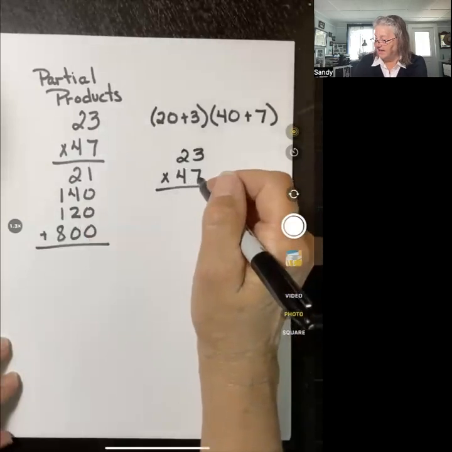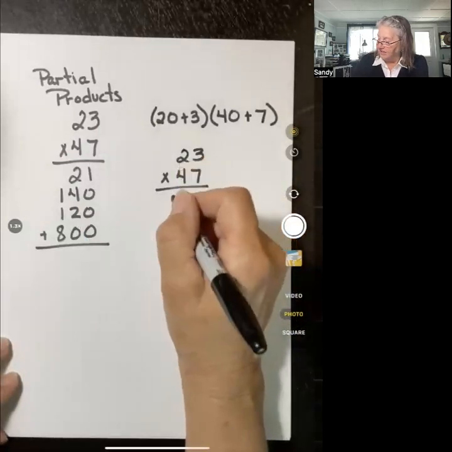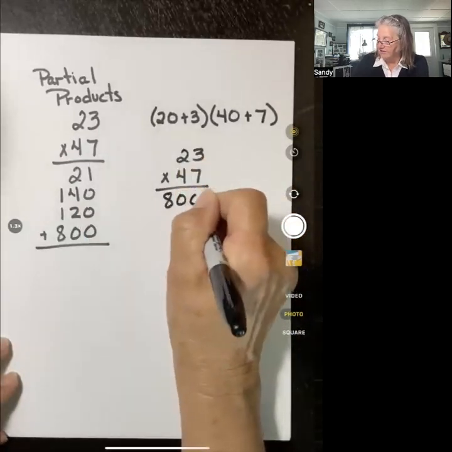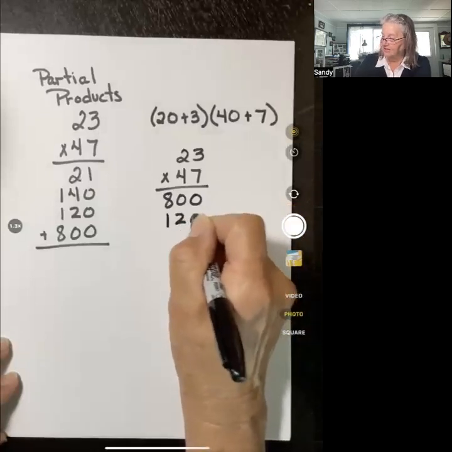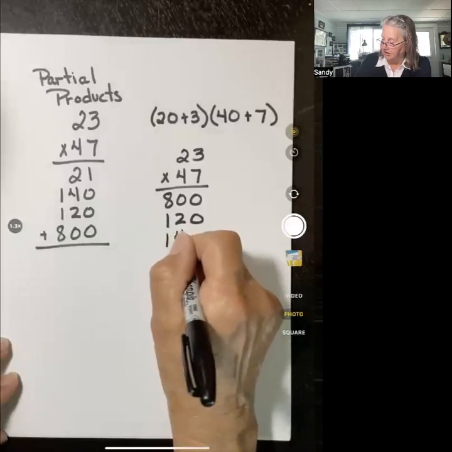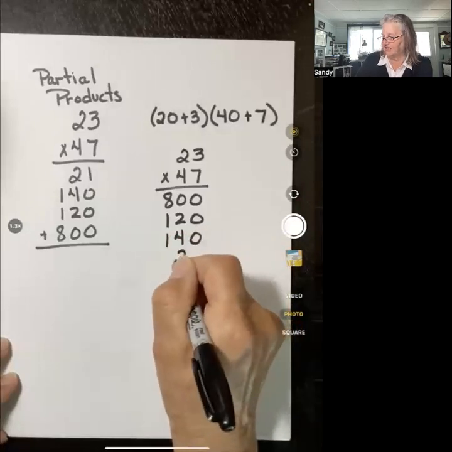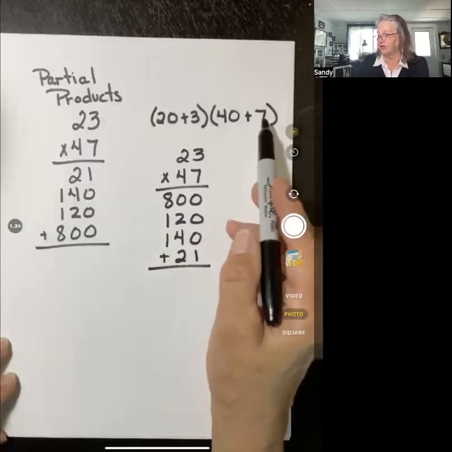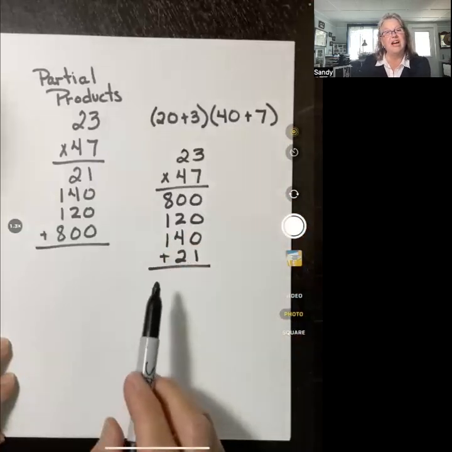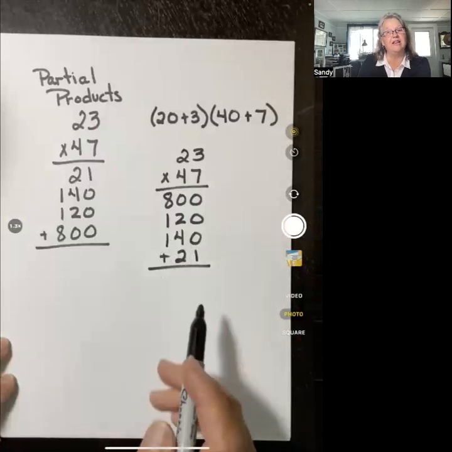But I could have said 40 20s is 800, 4 3s or 3 40s is 120, 7 20s is 140, 7 3s. See, the order in which I do these, just like the order in which I distribute, will not impact the final product.